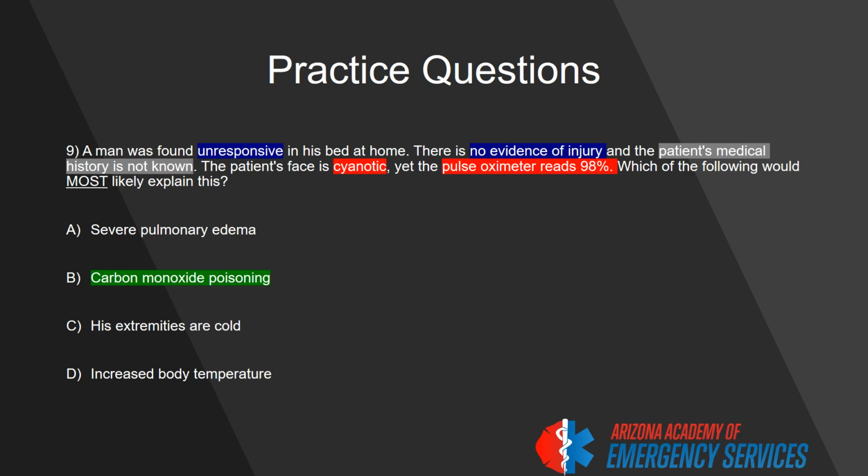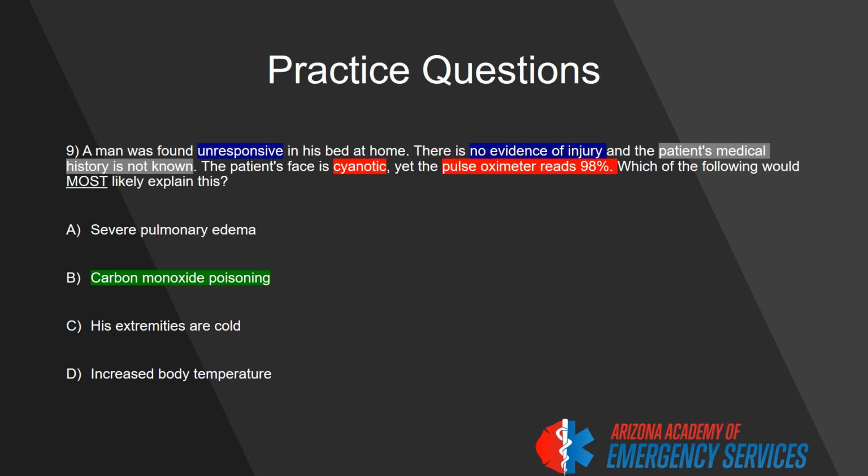So we see in the patient's presentation that clearly something is wrong, and the cyanosis alerts us to it's most likely a respiratory issue, but we know that carbon monoxide does in fact affect the pulse oximetry reading, and it will give you a false high.